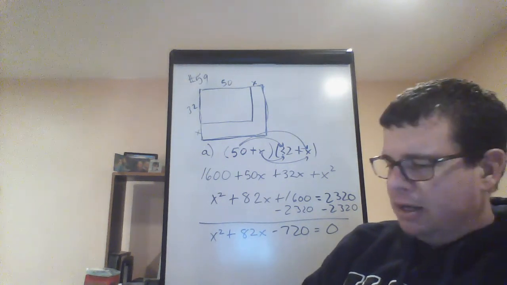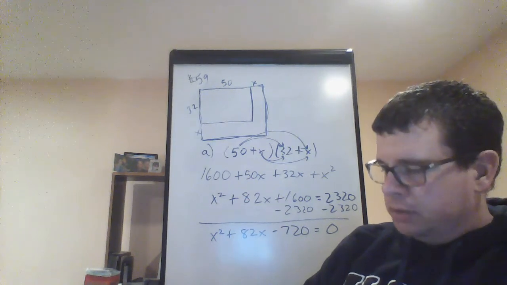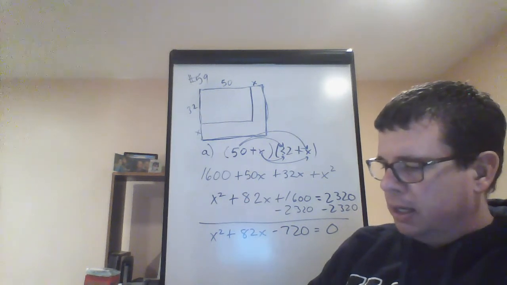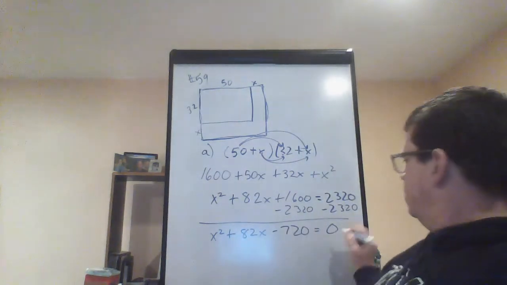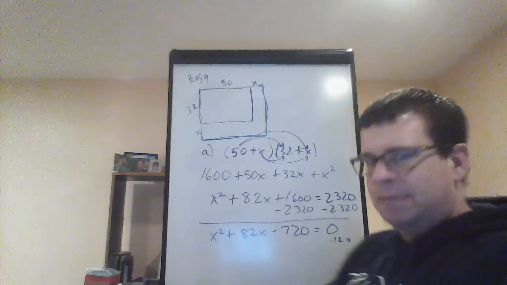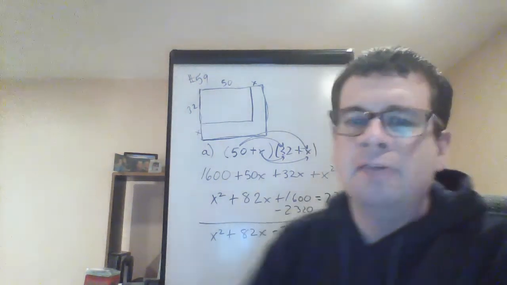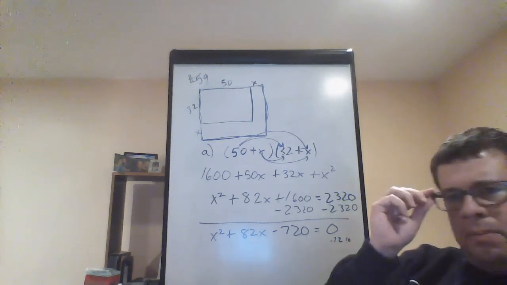I see that 10 goes into it. So if I do 72 and 10, or 720 and 10, sorry. So that'd have to be like negative 72 and positive 10. That adds up to negative 62, not negative 82. So I actually need a couple numbers that are a little bit farther apart.